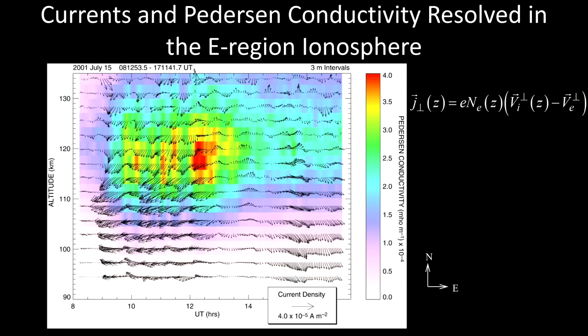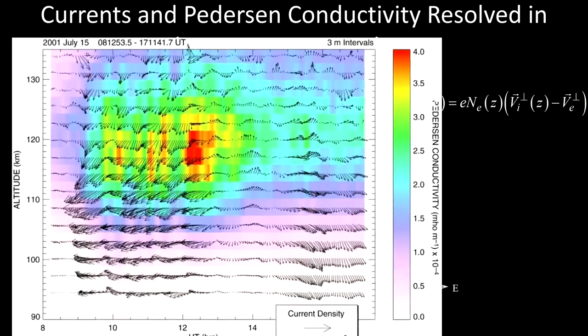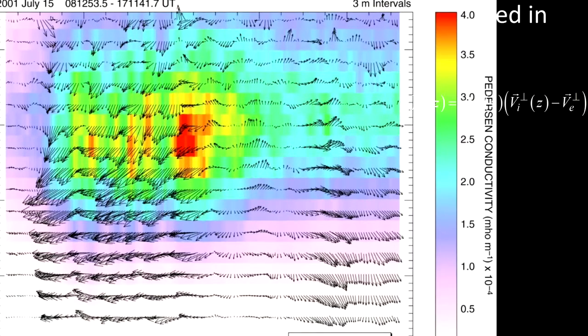If we look closely at this, and we look from the bottom up, before the E cross B was up, and you can see that the current on the bottom is in the negative E cross B direction. So that's a Hall current, and that current is strong down at those lower altitudes, and it rotates back towards the E direction as we come up in altitude.